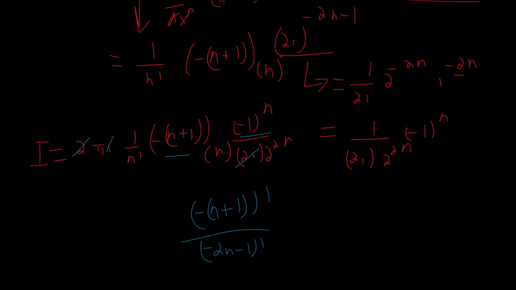And you'll note that that actually is just 0 over 0, because the factorial of any negative integer is just going to be undefined. Its reciprocal is defined as 0, but that's not very helpful to us because we have 0 over 0.